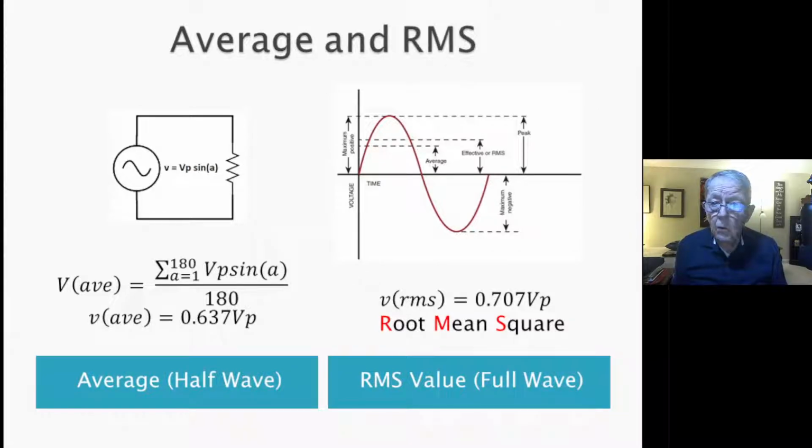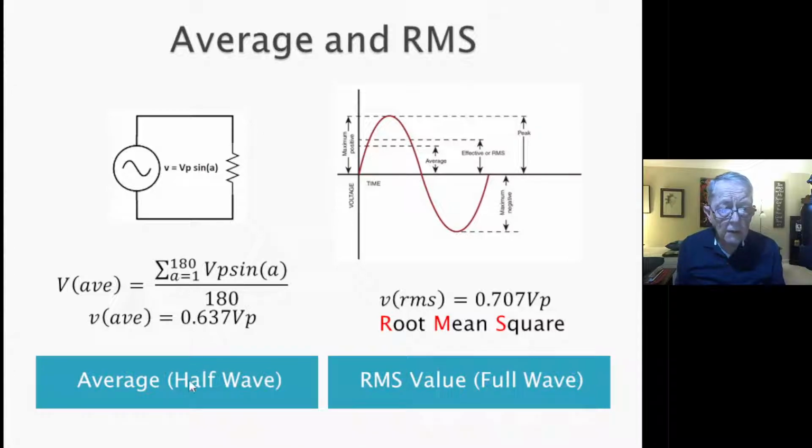So there are other ways that they have found it. This is the same circuit, a signal generator, a resistor, and in this case it has a peak value. And there are two other ways to think about the value. What about an average over a half cycle? What about the average over a full cycle?